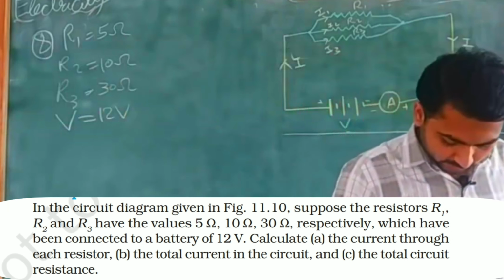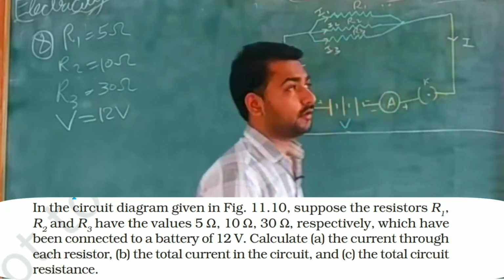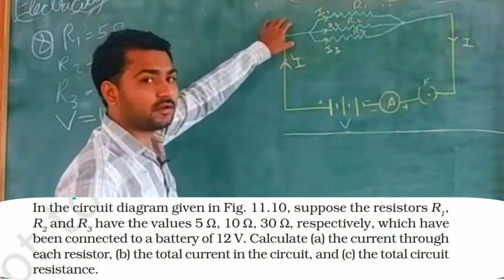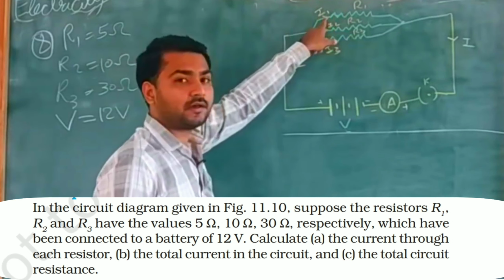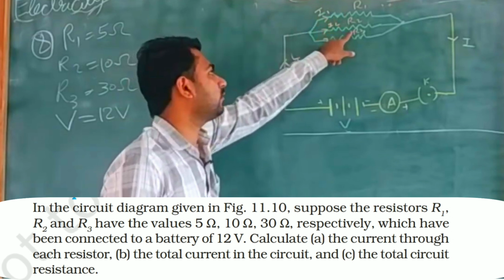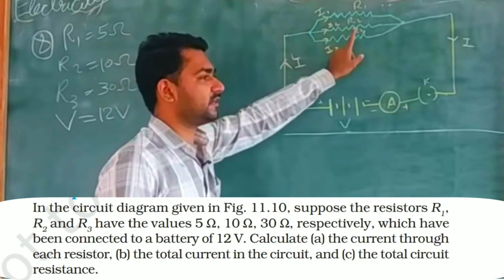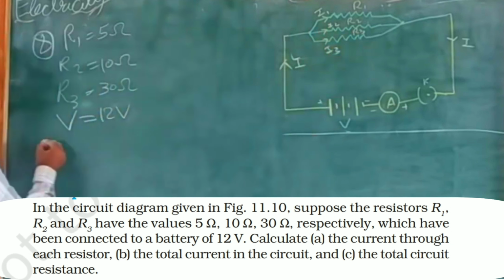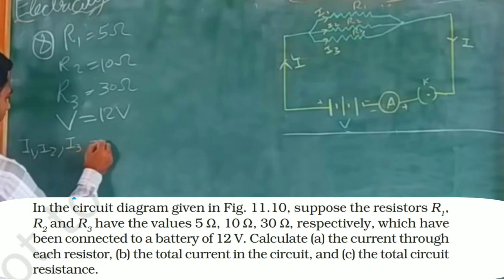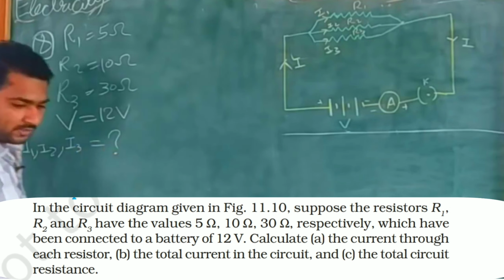Calculate the current through each resistor. I have to find the current for each resistor. For resistor R1, what is my current? I1. For resistor R2, what is my current? I2. And for resistor R3, what is my current? I3. So I will write here I1, I2, I3 is equal to how much?